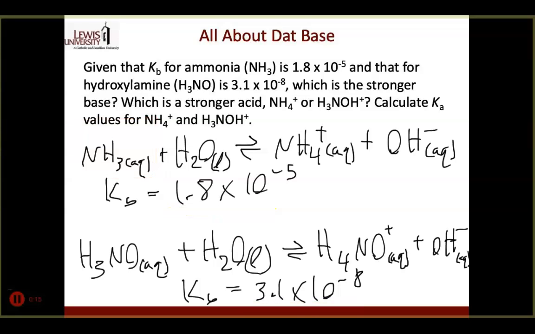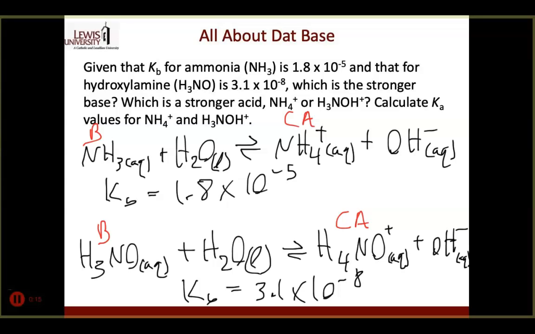Now, the second part of this question asks, what's a stronger acid, NH4 plus or H4NO plus? Well, if you look at these reactions, you can see that ammonia is acting as our base, hydroxylamine is acting as our base, and NH4 plus is the conjugate acid of ammonia. H4NO plus is the conjugate acid of hydroxylamine.